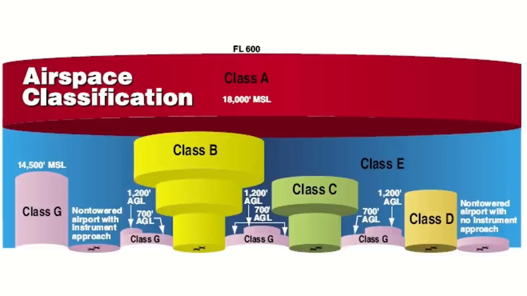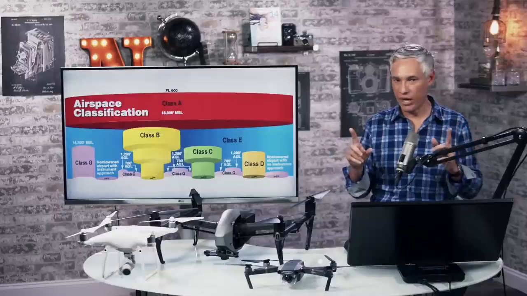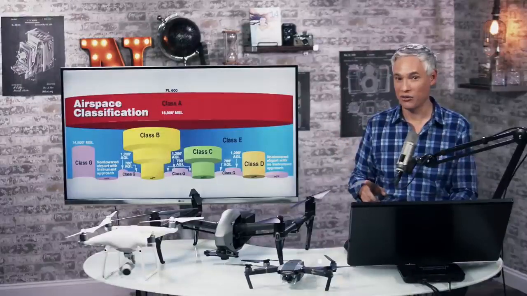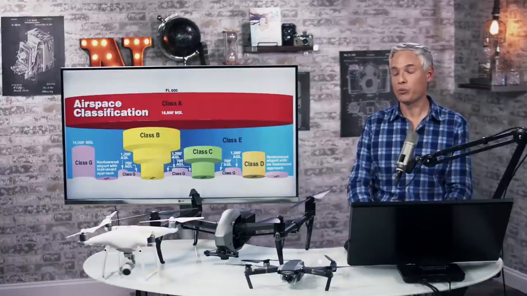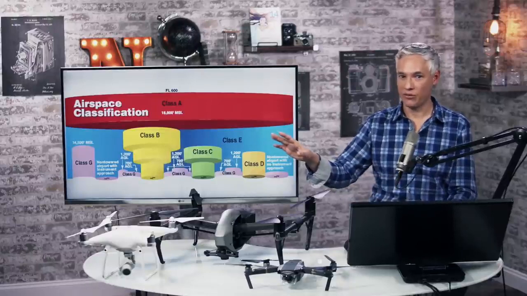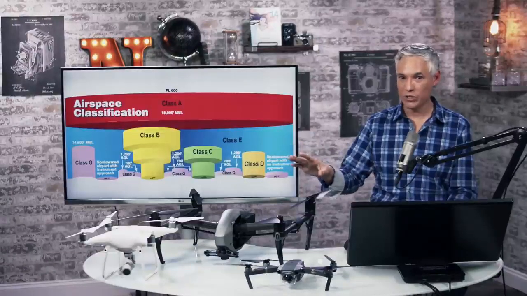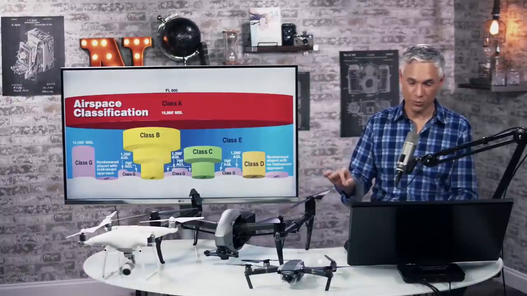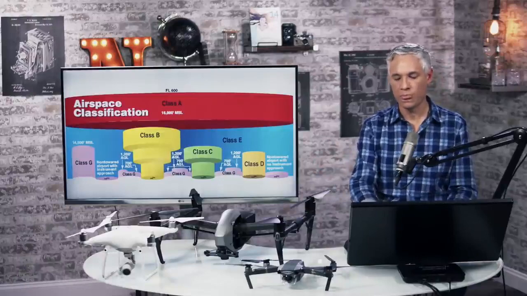When you start to look at maps and charts, you'll be shocked at how much of the continent is covered in Class D airspace. There are places where everything is covered in Class D airspace, which is a pain because you cannot legally fly your drone in Class D airspace without ATC permission, without air traffic control permission.